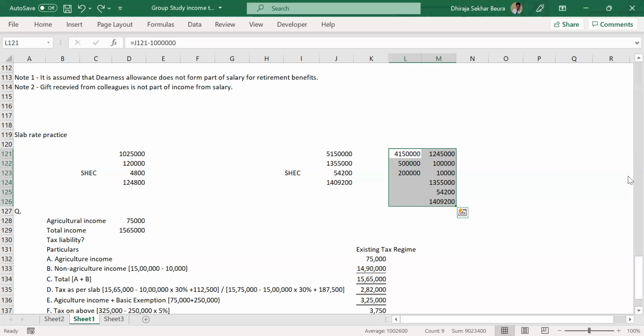Now let's talk about another scenario. If the 2,50,000, which is originally there in our slab, is replaced by 5 lakhs, can you please do the calculation for 11,50,000 income? What I told is in the original slab rate, 2,50,000 is replaced by 5 lakhs. Please do the calculation for 11,50,000.